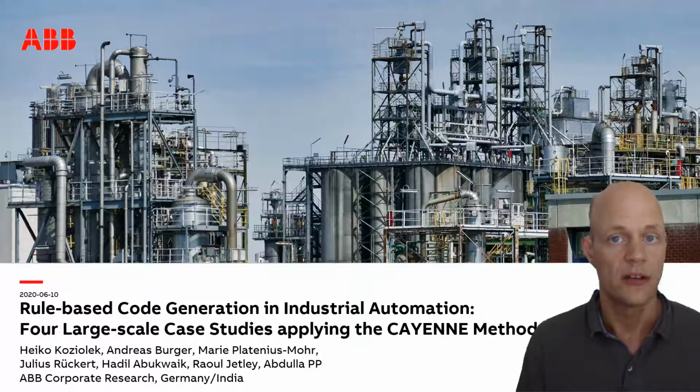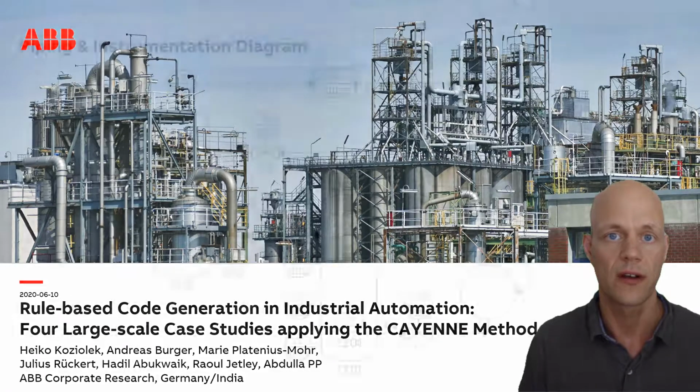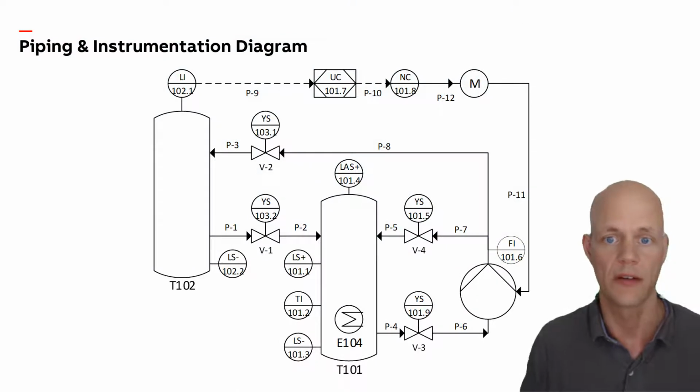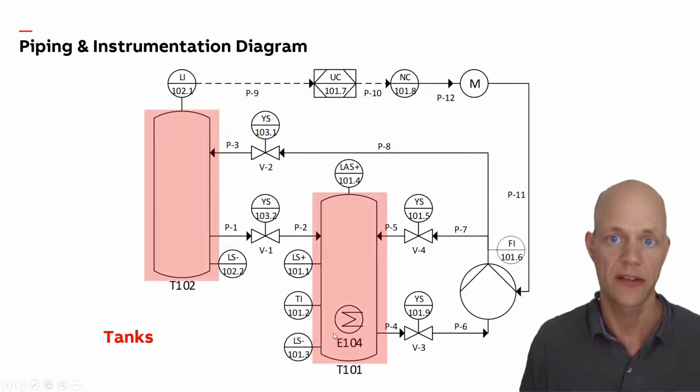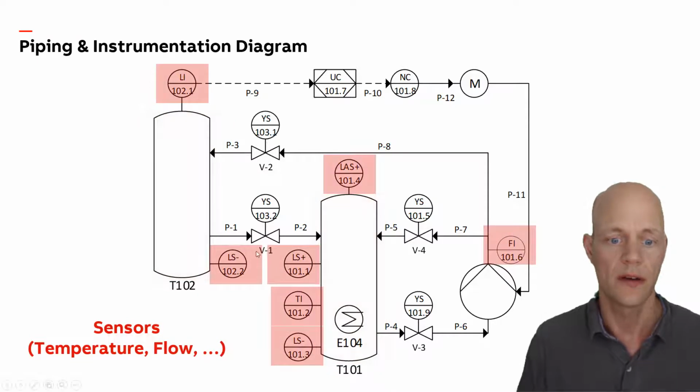The way the engineers design such a plant starts with schematic drawings where they capture their requirements. These drawings are, for example, piping and instrumentation diagrams. Here's an example of such a diagram. The large column shapes are tanks for fluids or gases. The circular shapes are sensors.